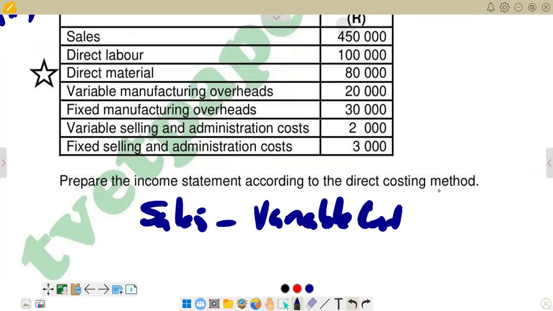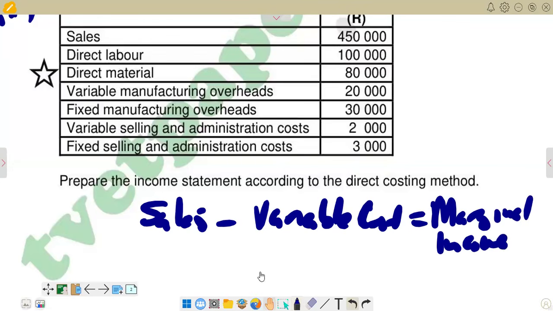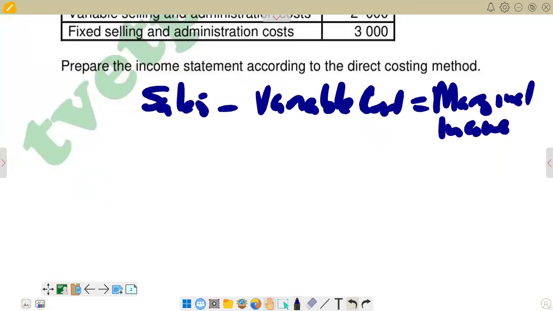So when you subtract that, we are supposed to get marginal income. Then after finding your marginal income, remember for total cost we say fixed plus variable. So we are also supposed to subtract the fixed cost.